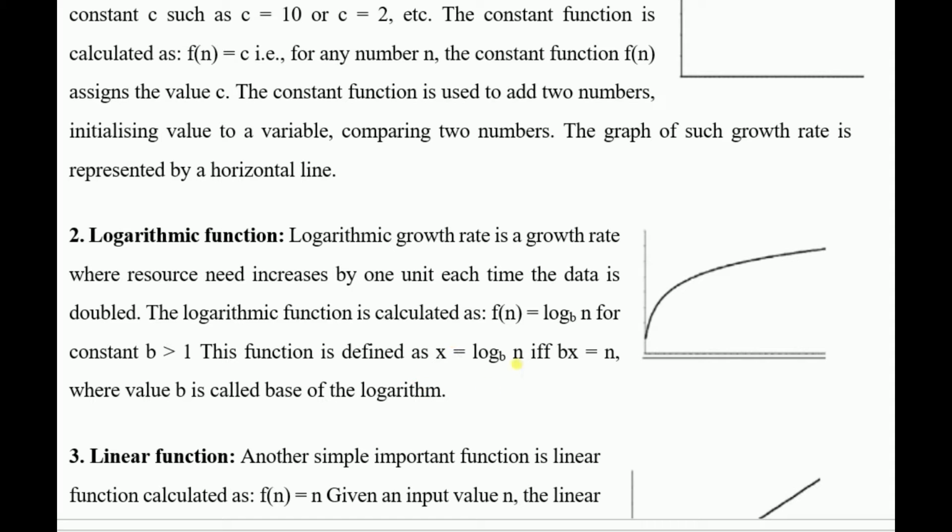As we know, x equals log n and b is the base, and the base raised to the x value must be equal to n, where the value b is called the base of the logarithm. And here you can see the graph, how it looks. It goes on increasing in the upward direction as the value increases.